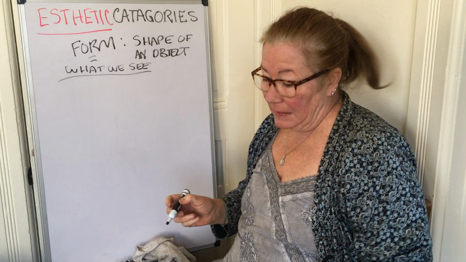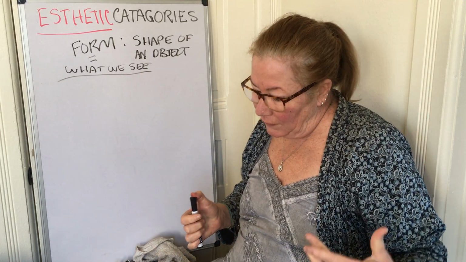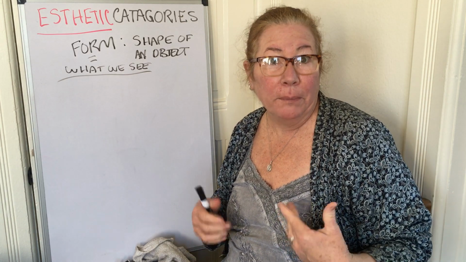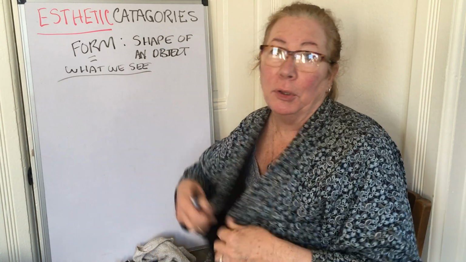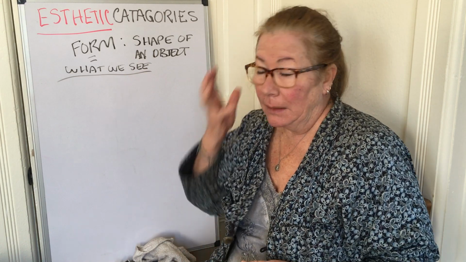That's it. It's what we see, okay? Artists create the form using a medium or media, which is the plural of medium, and tools, the appropriate tools for that particular medium.